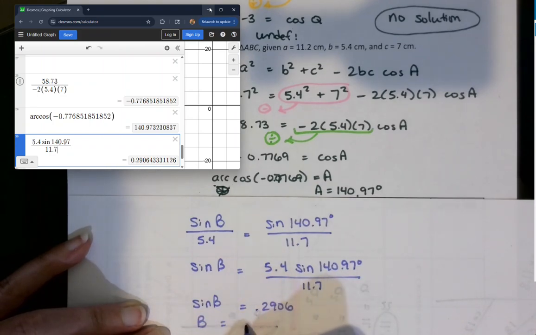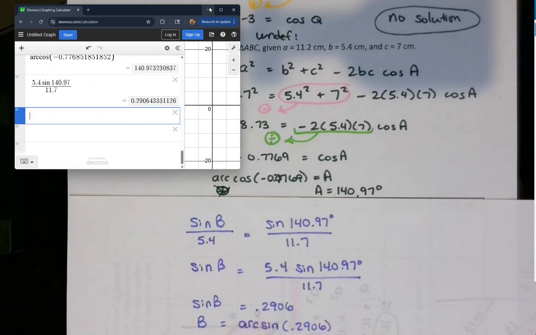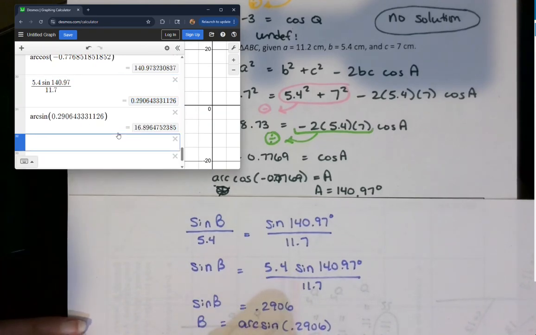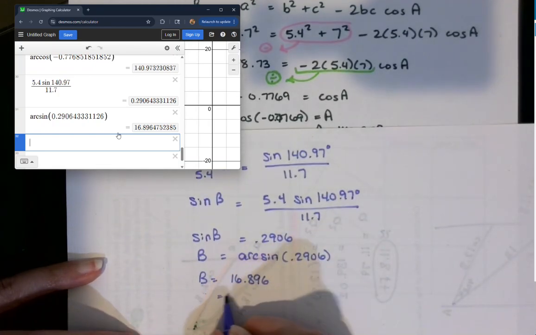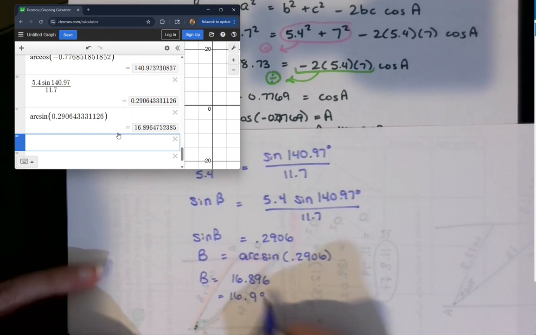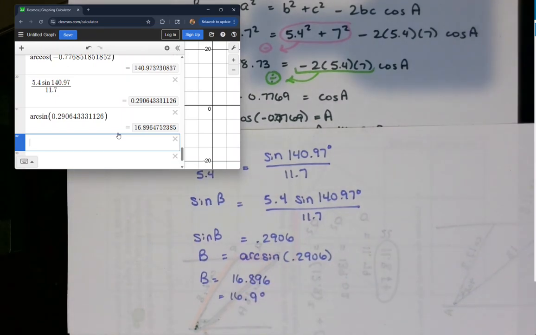And to find B, we're going to need the inverse or arc sine of that value. Arc sine of, we'll copy paste just to save time typing that value. And we get a measure for B of 16.89, or technically there's a 6 after that. So I do have to round that to 16.9 degrees if I'm going to keep 2 places, 16.90 degrees.